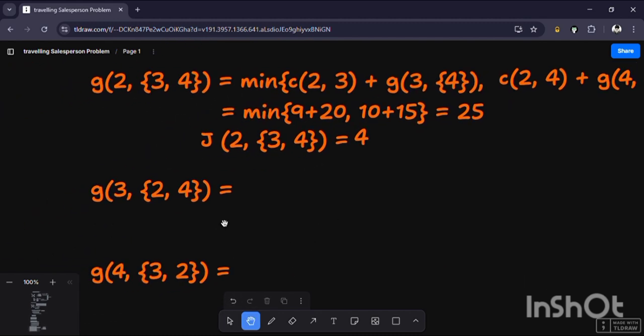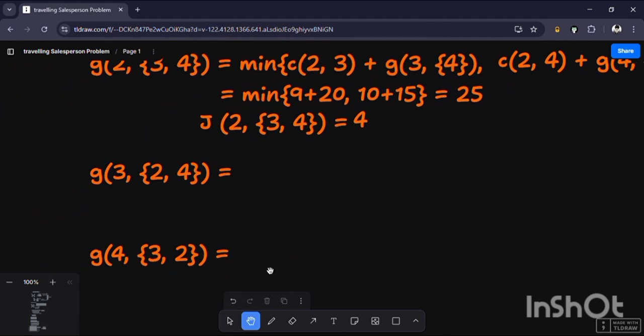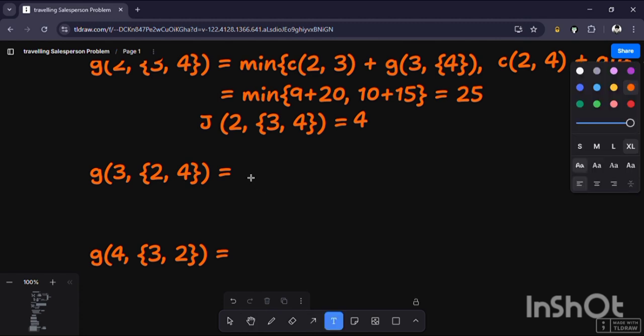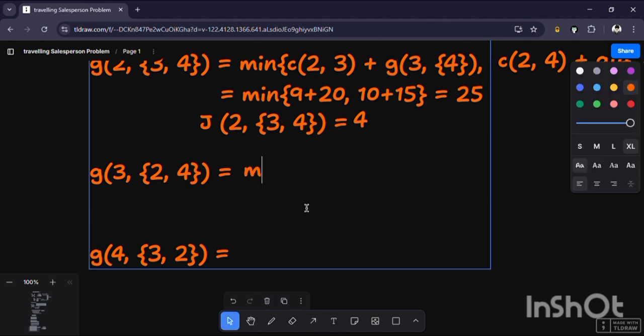Okay. Now similarly calculate this too. So let me just write this: minimum of cost of 3 comma 2, but select 2, then plus cost of the remaining path, that is g of 2 comma 4.